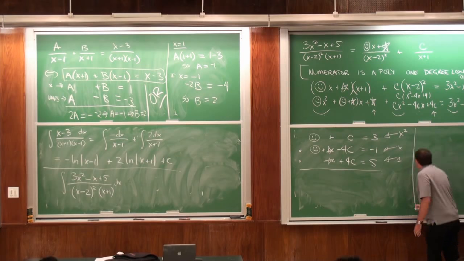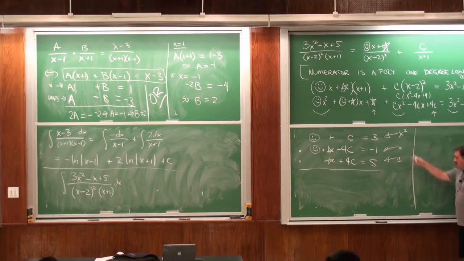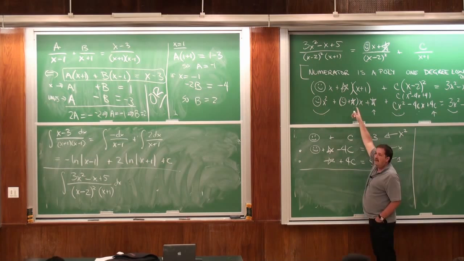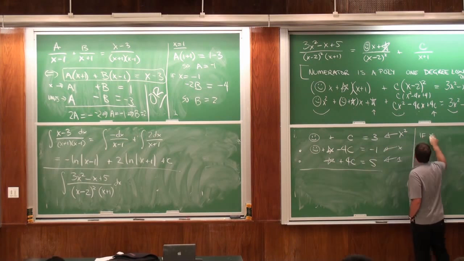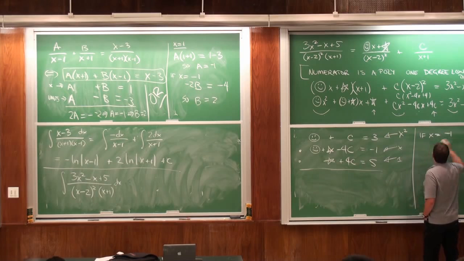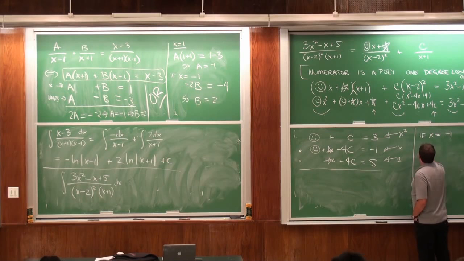So let's look at the other way. You can solve these 3 equations, and you'll probably get the same answer I will the other way. The other thing I can do is say this has to be true for all x's. If x is 1, then this mess here is 0.